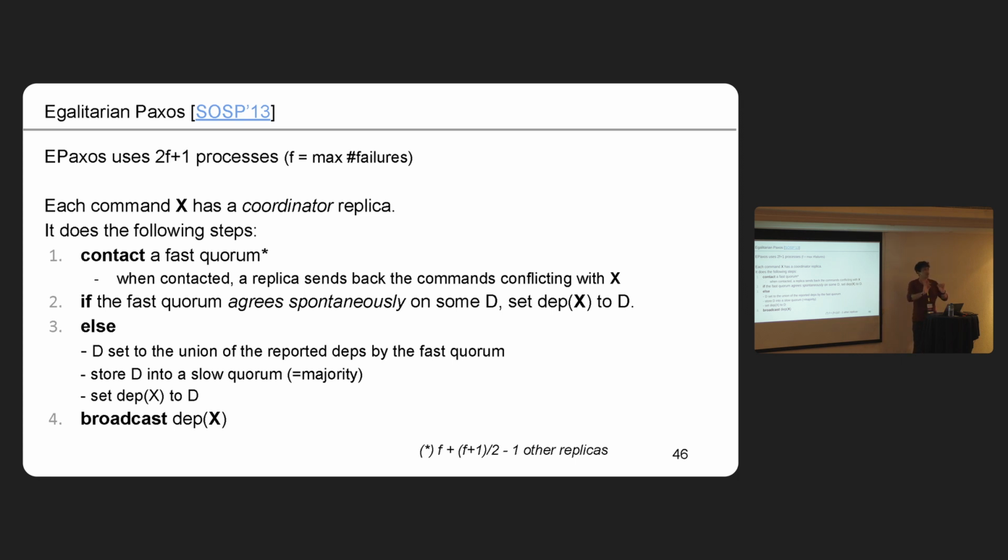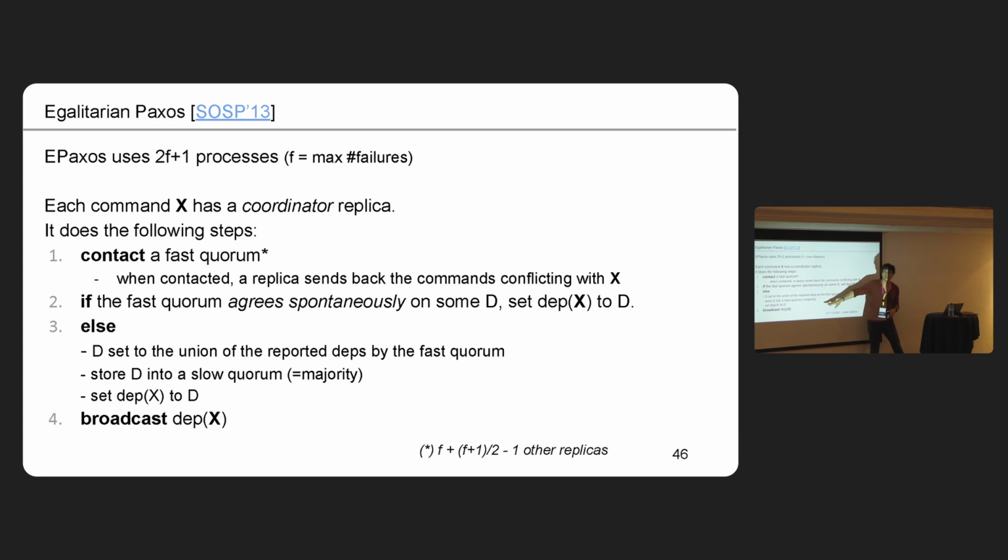If the replicas in the fast quorum agree spontaneously on the same value, the same set of dependencies, we say that the command takes the fast path. In that case, the coordinator stores the value that all of them agreed on spontaneously. They all return the same value in the graph. Otherwise, it does something else, and we come back to that shortly.